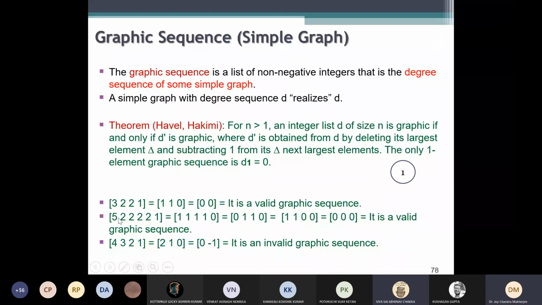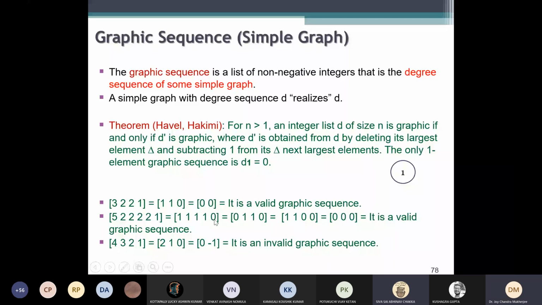Again, 5, 4, 2, 1, 1, 1 is also a graphic sequence. Why? If we delete 5 and subtract 1 from the next 5 elements, 2 becomes 1, this 2 becomes 1, this 2 becomes 1, and the last one is 0.